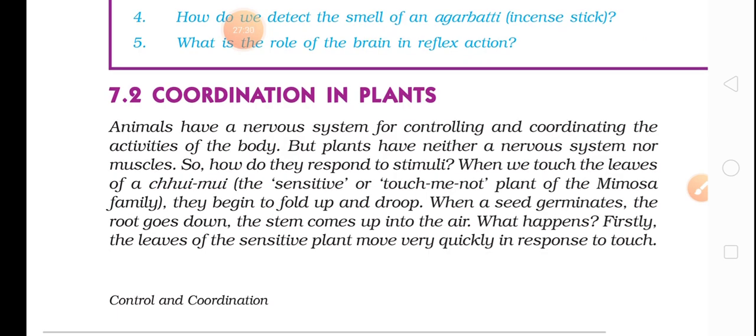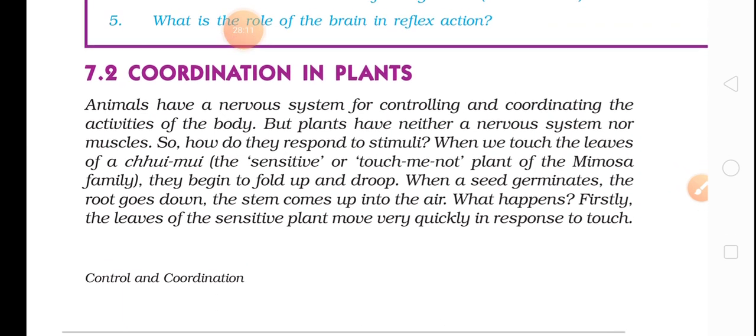Till now what we have studied is that there is coordination in animals, where we have nerves which are coordinated and help our movement. So is this network, that is coordination, there in plants? If it is there, what is the difference between plant coordination and animal coordination? How is coordination in plants there, what are they doing, how are they doing it?